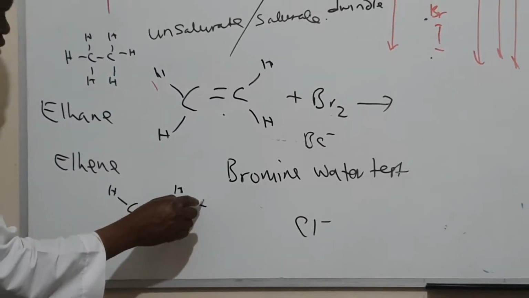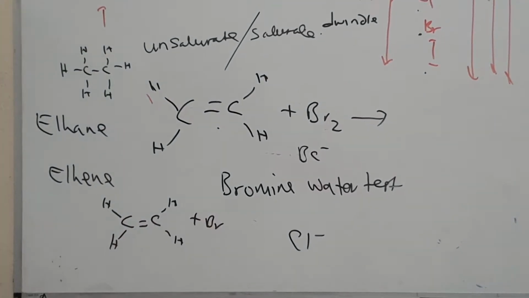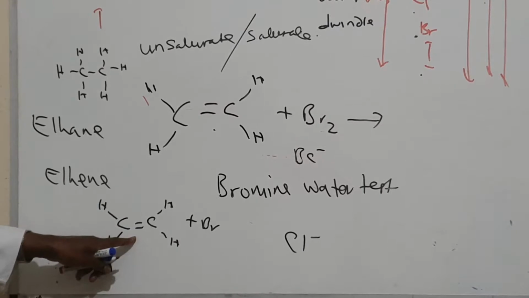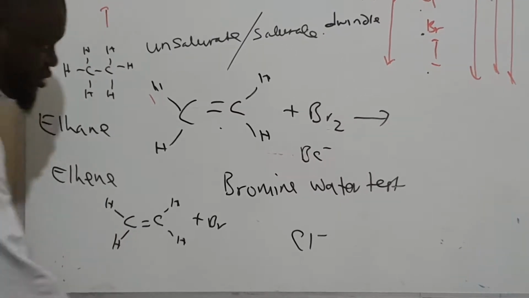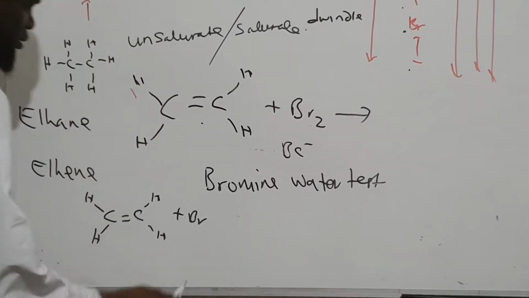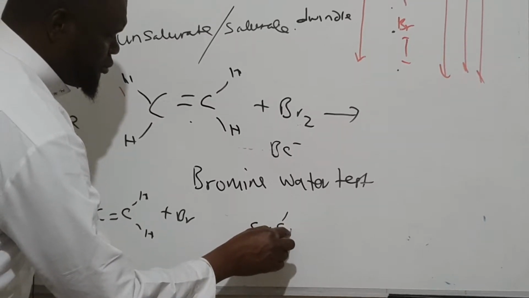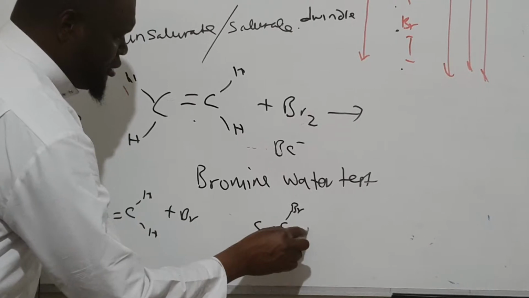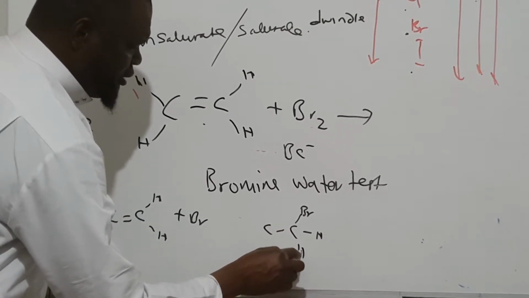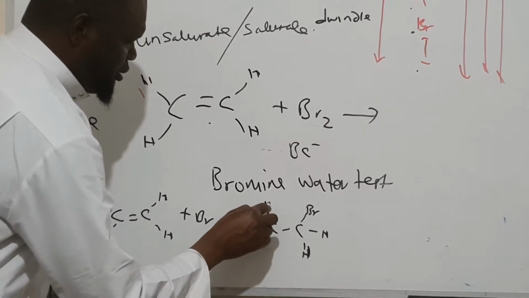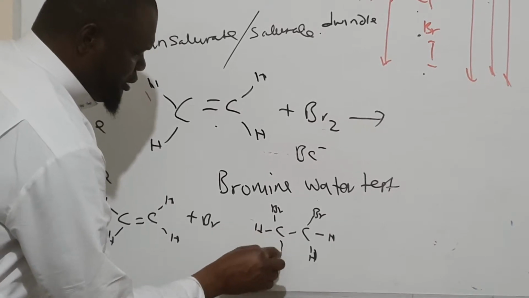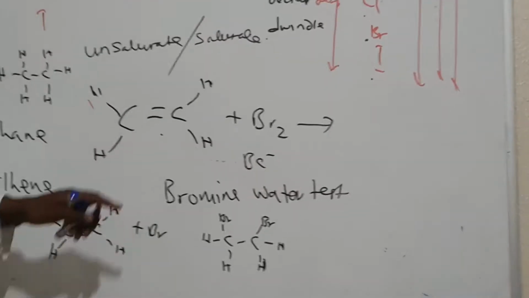Now, if you add bromine, bromine will break this double bond. The compound that comes up will have one bromine here, hydrogen, hydrogen, one bromine, hydrogen, hydrogen. Do you see the double bond?